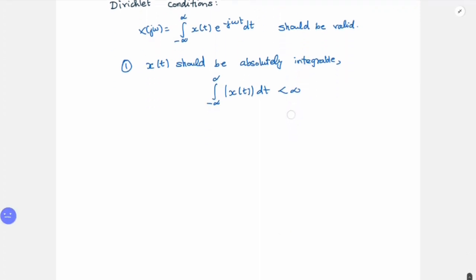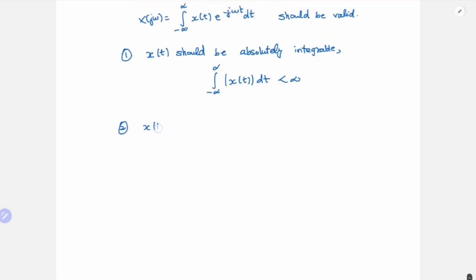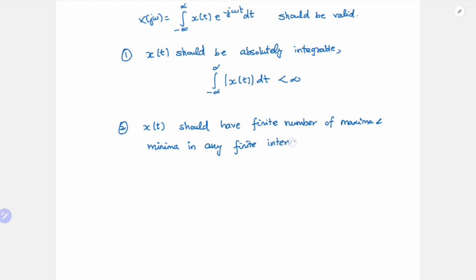Okay. And what is the second condition we had? x(t) should have a finite number of maxima and minima in any finite interval. So this is required for the integral to be valid.